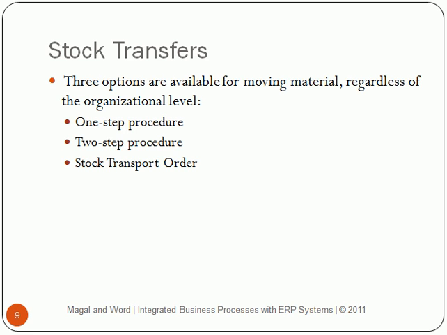In a two-step procedure, there is geographical separation between the two storage locations, so you have to put the material in transit. The first step involves moving out of the sender to transit, and the second step involves moving from transit to the receiver.